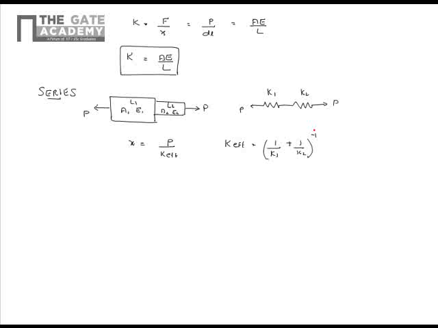So in this case, the effective stiffness will be given as, where K1 is nothing but A1 E1 by L1 and K2 is nothing but A2 E2 by L2. So effective stiffness is given by L2 by A2 E2 plus L1 by A1 E1, whole inverse.